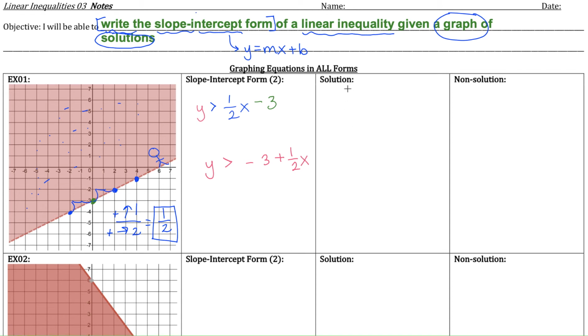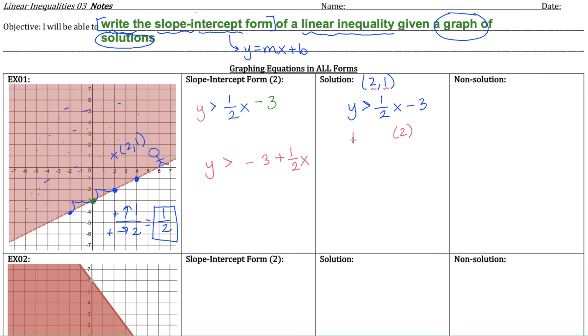All right, now let's use a solution and a non-solution. A solution would be like 2, 1. So I'm going to pick 2, 1. I should probably write y is greater than 1 over 2x minus 3. When I see x, I'll put 2.